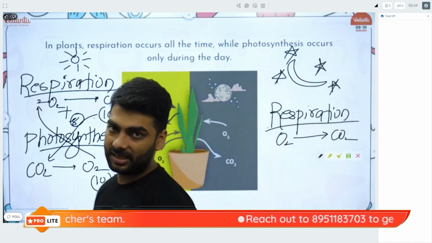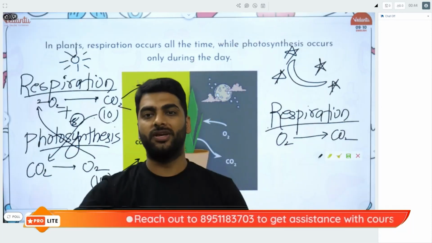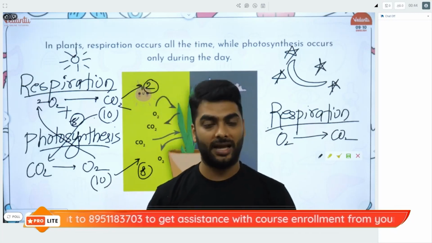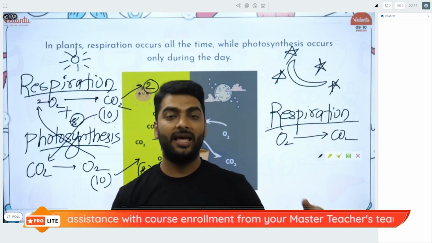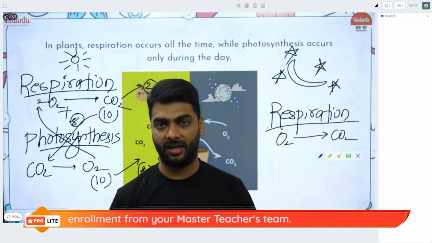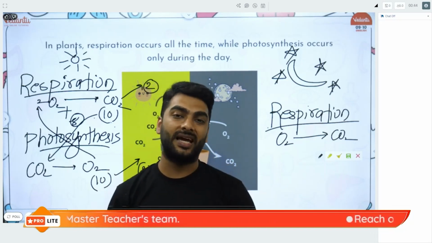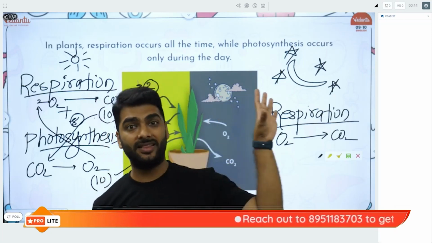This is the reason that they say that you should not sleep under a huge tree at night. Why should you not sleep under a huge tree at night? The reason is that if you sleep under a huge tree at night the plants are only breathing. So they will give out carbon dioxide continuously. Carbon dioxide is heavier than air, just like the AC air.